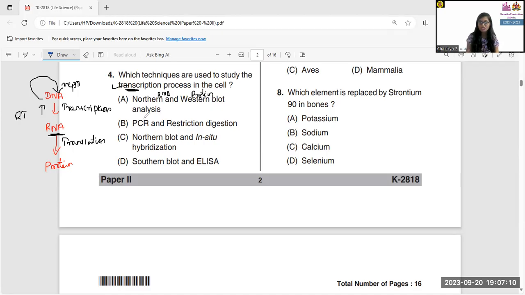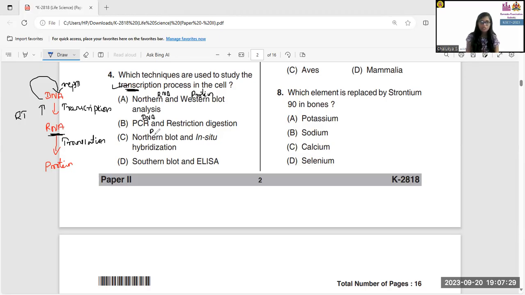PCR means polymerase chain reaction, which is for DNA and also RNA multiplication. Restriction digestion uses an enzyme that acts as a molecular scissors. Next is northern blotting and in situ hybridization.